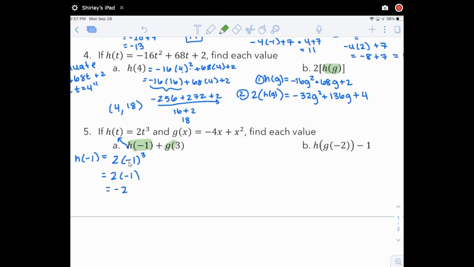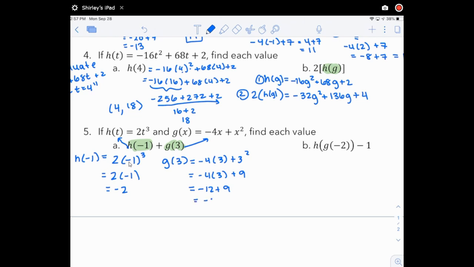And then step 2, I'm going to go ahead and find g at 3. So that means take 3 and plug it into here. So I have negative 4 times 3 plus 3 squared. Take my exponents first, and I get 9. Multiply, and then add. Negative 12 plus 9 means subtract and keep the bigger sign.